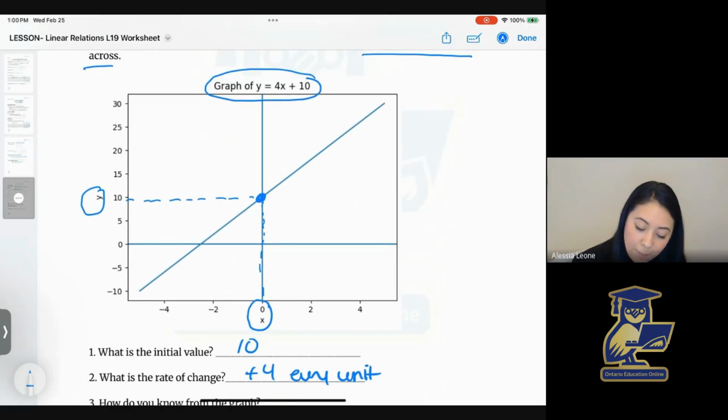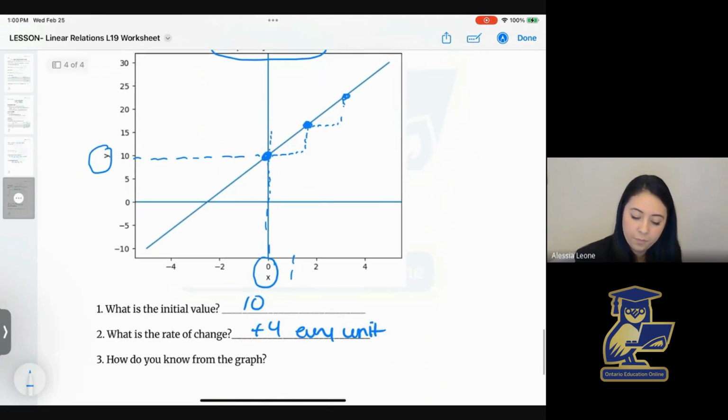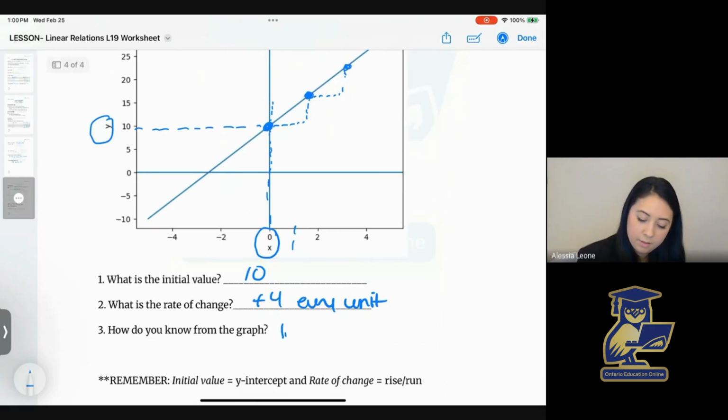So it's going up 4 for every 1 unit. So this is 1. And we can find our next point. And if we go over. So our answer here is a linear line, increasing.